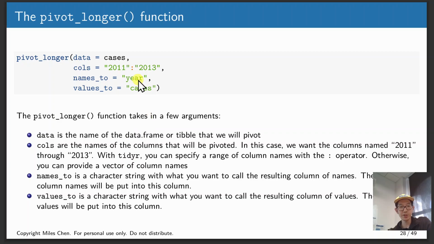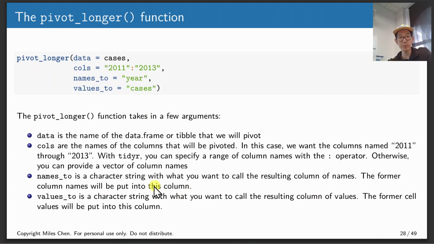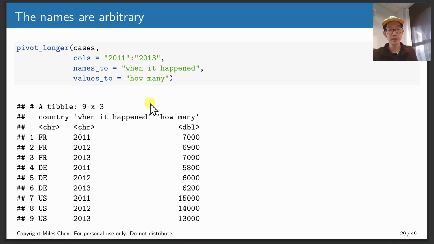And then this is just an arbitrary character string for whatever you want to call that new column, and so is this. Years and cases. These are optional arguments, but I think it'll just call them name and value if you don't specify anything. Here I've just provided arbitrary names.